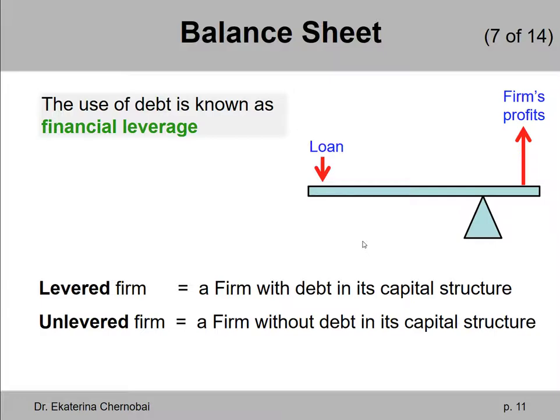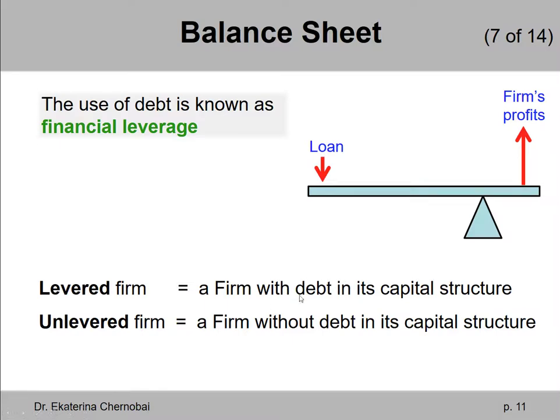In finance, we use the term leverage or financial leverage a lot. This should be interpreted as using debt or having debt, having money that's borrowed that needs to be paid back. And so a firm is called levered if it has debt in its capital structure, regardless of how much.